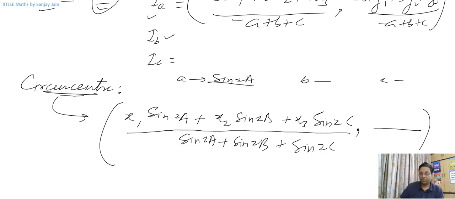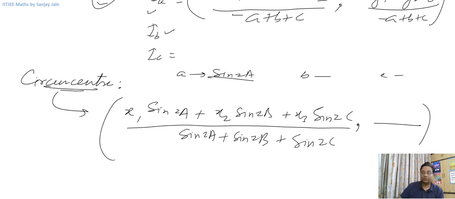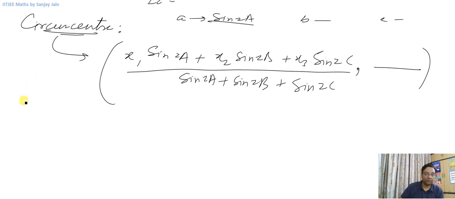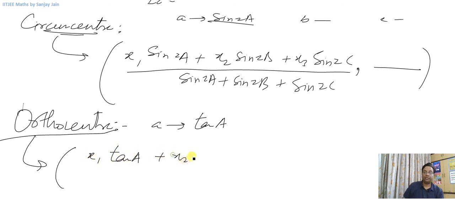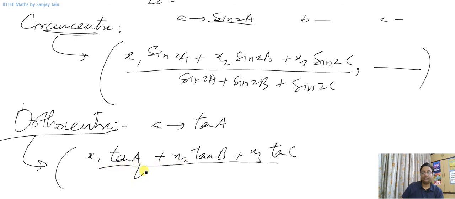Okay, now to write the coordinates of the orthocenter, we will again use the coordinates of the incenter to memorize them. In the case of the orthocenter, you will just need to replace a with tan A, similarly b with tan B and c with tan C, and you can write the coordinates of the orthocenter like this: (x1 tan A + x2 tan B + x3 tan C)/(tan A + tan B + tan C).